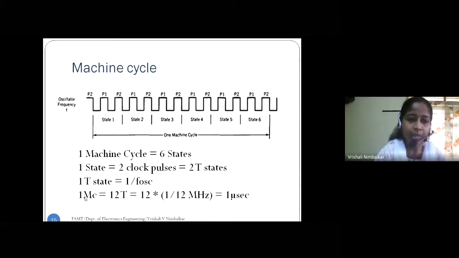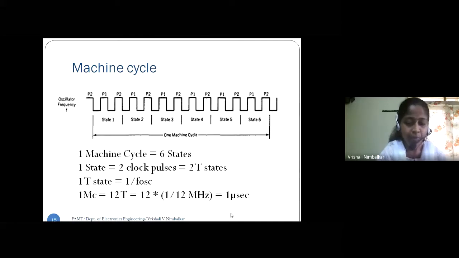And hence one machine cycle is made up of 12 time periods, 12T. So 12 into 1 upon 12 megahertz, since T is 1 by F. And hence for one machine cycle, we get the time calculation as 1 microsecond. Is that okay? And majority of the instructions just require one machine cycle to fetch, decode, and execute. So that's the time required by an instruction to get executed.